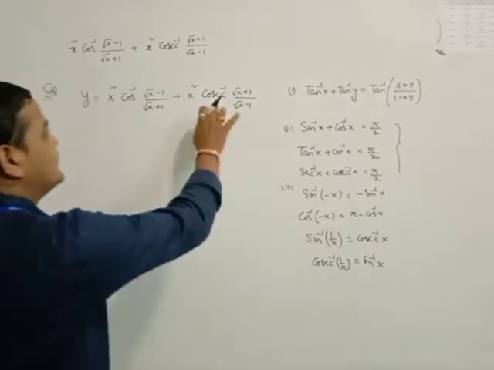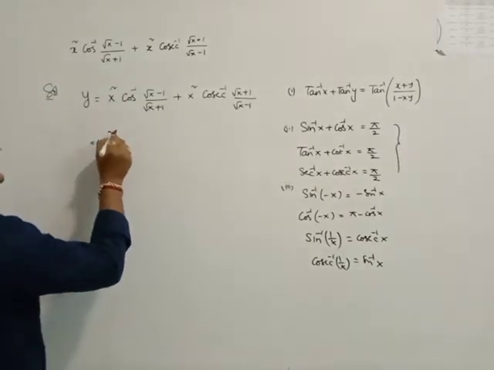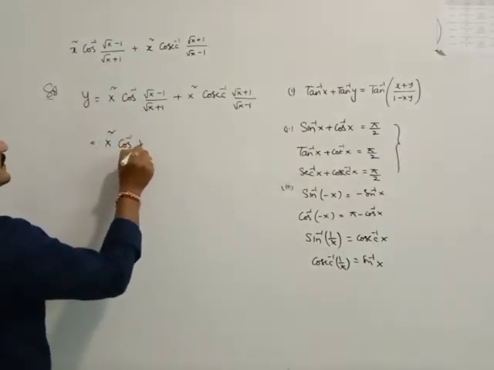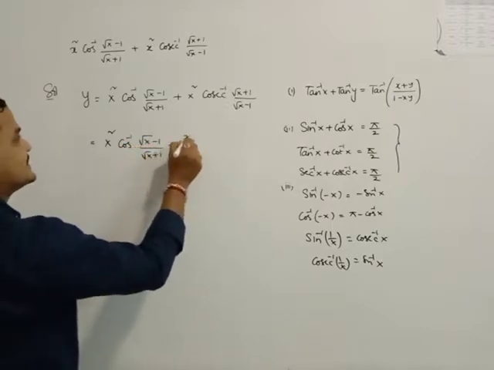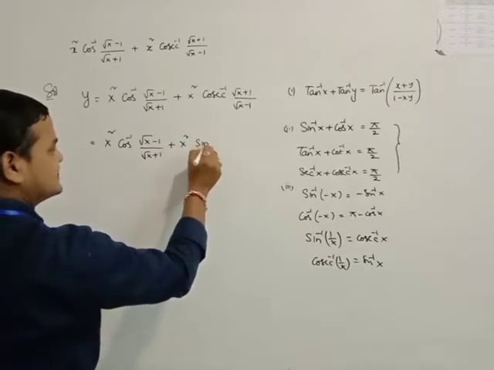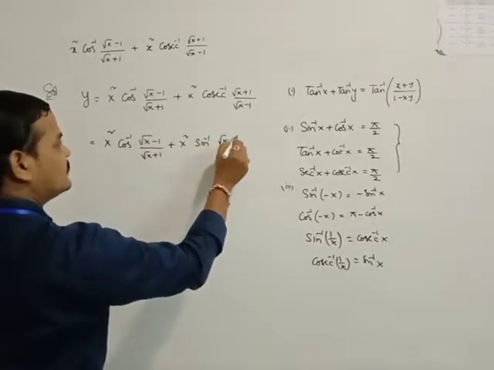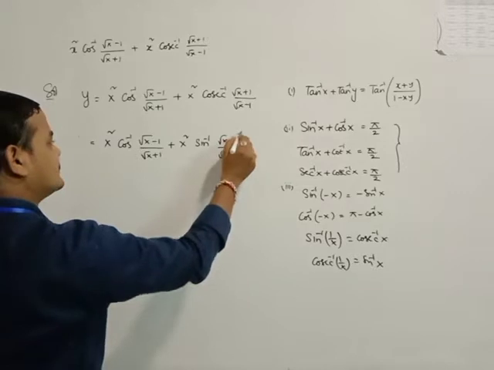So it can be converted into a sine function: x square into cos inverse of root x minus 1 by root x plus 1 plus x square into sin inverse of root x minus 1 by root x plus 1.